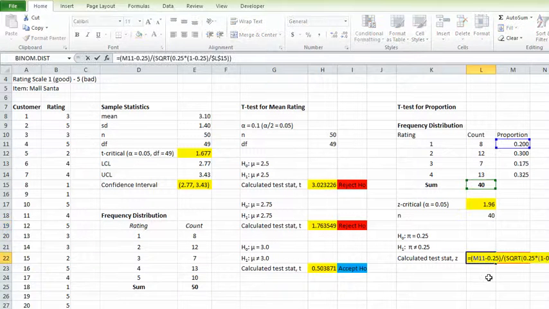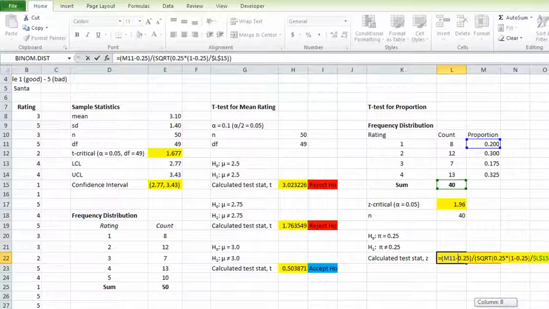My test statistic, what did I do? I took M11, that's my proportion, minus my hypothesized proportion, 0.25, divided by, and there's that big ugly thing. You might want to do this in several steps in your spreadsheet, to make it easier for you.